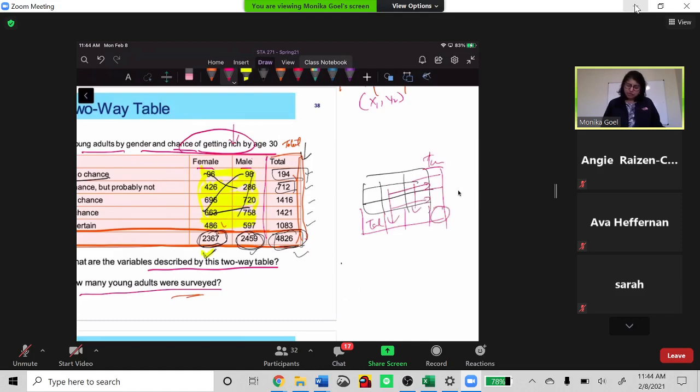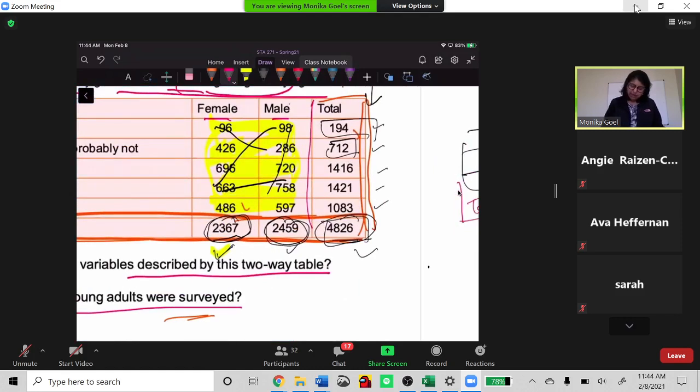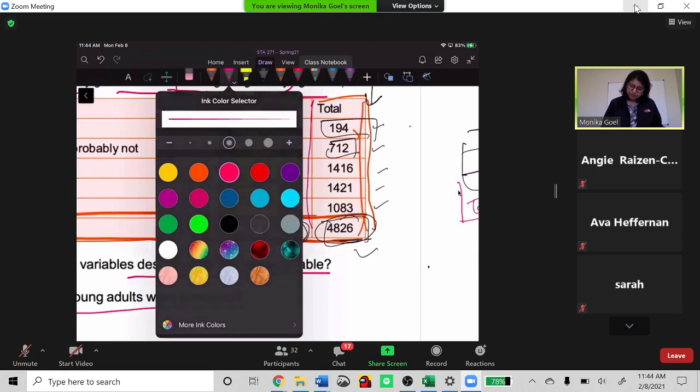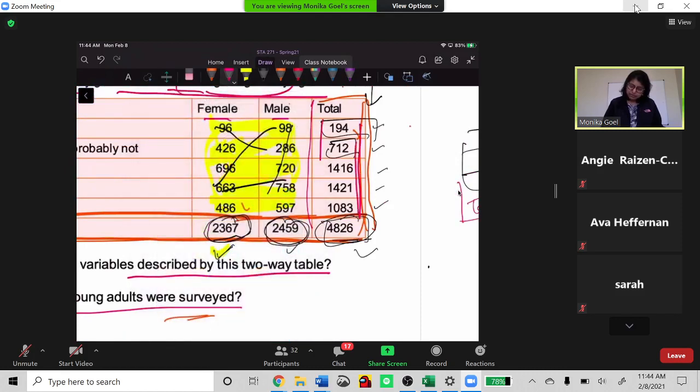And then you can check that when you add all these and you add all this, it should be the same. So the sum of the total rows and the sum of the columns should be the same. If it's not coming the same, then go back and check, as there might be some calculation that is not done correctly.